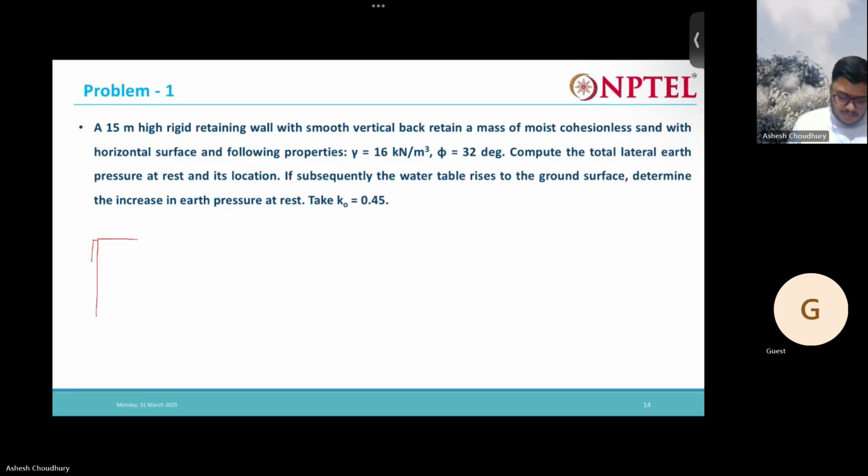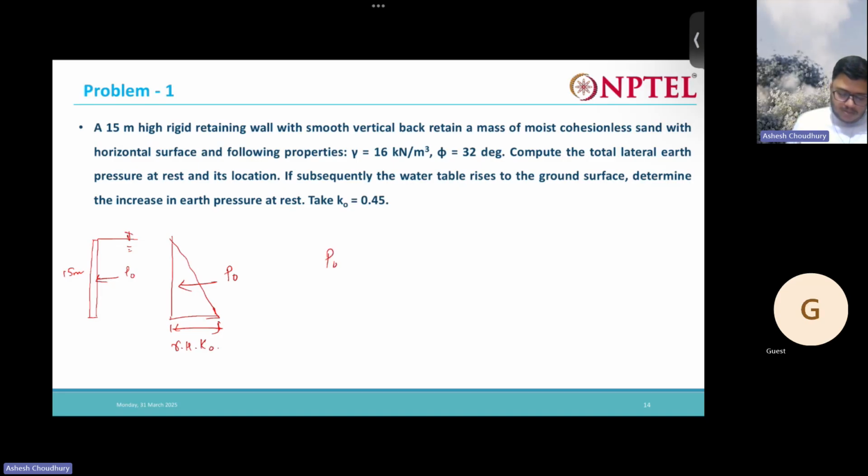Wall, that is here, that is 15 meters. Okay, we have P naught, so you get a rectangle. It will be acting here, and this is at gamma into H into K naught.